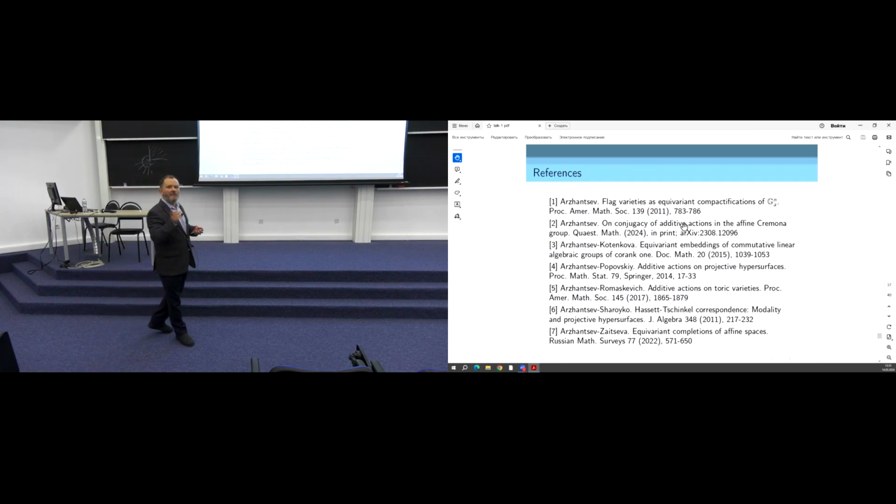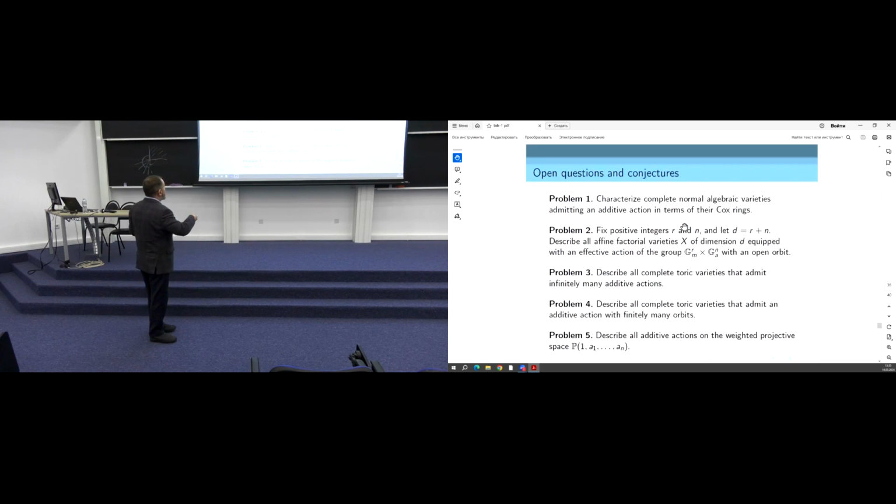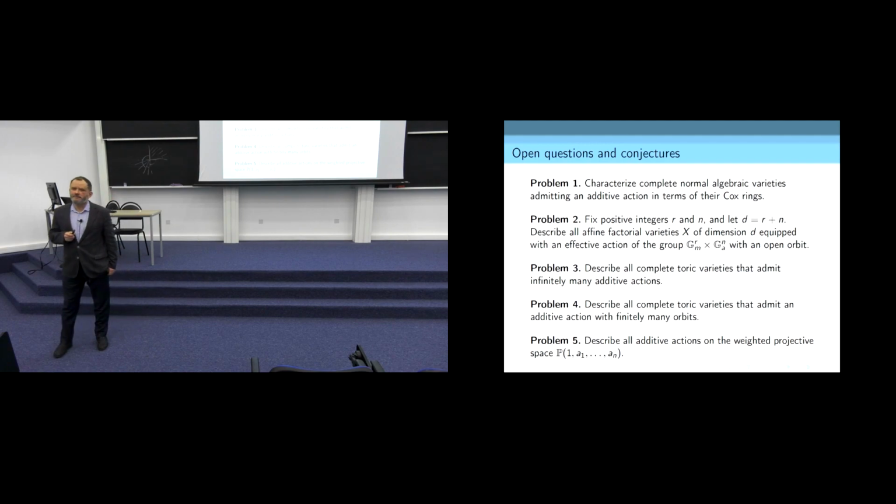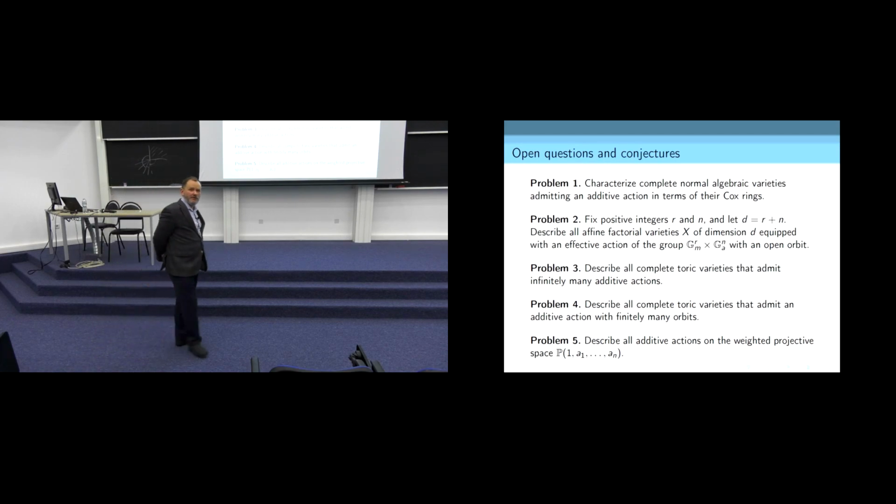Co-rank 1 means, maybe this is the opposite of what you asked, when you have many toric factors and one additive factor. In this case, we also have a theory for embeddings of this type. But when it is the completely general case, then this is problem number 2, which we don't know. No, this is maybe as difficult as the general case.